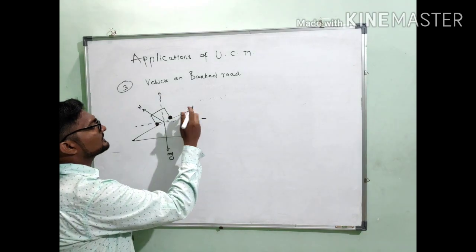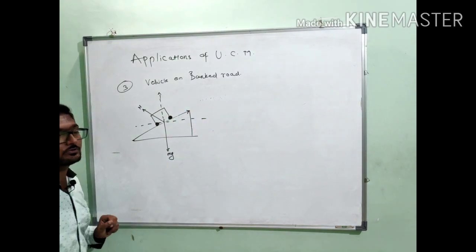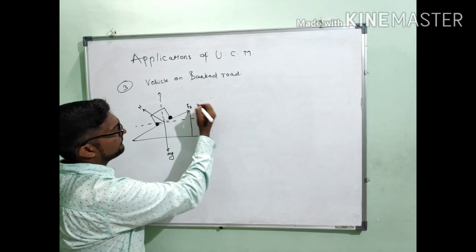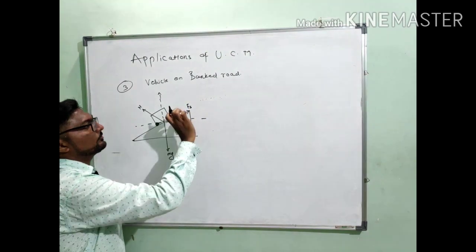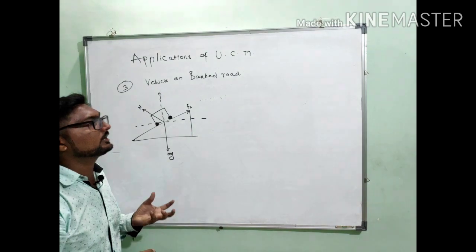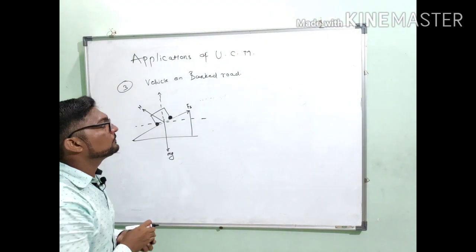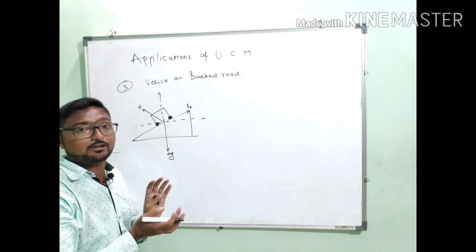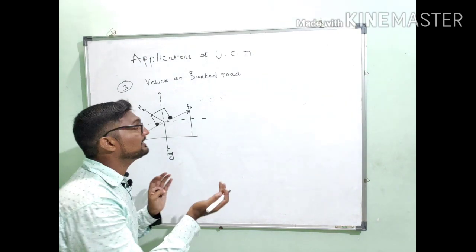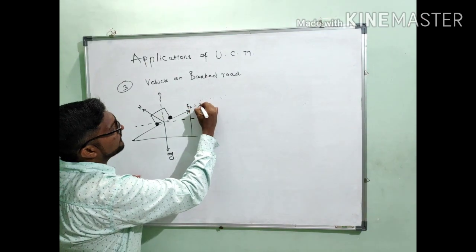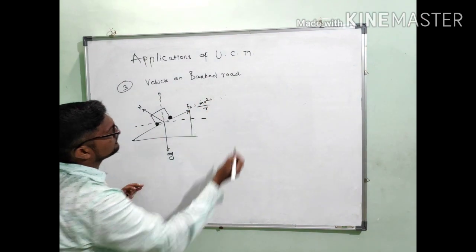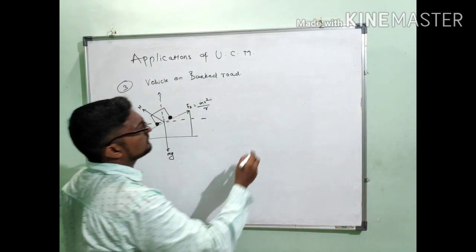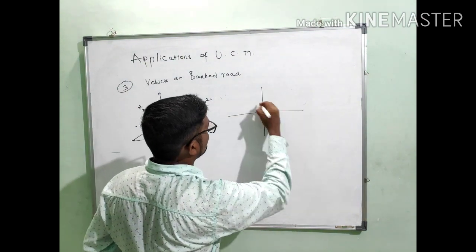Now Fs will be away from the center, so it will act as a centrifugal force. Centripetal and centrifugal are the same in magnitude, only opposite in direction, so mv square upon r. Getting it? Now just resolve this again.